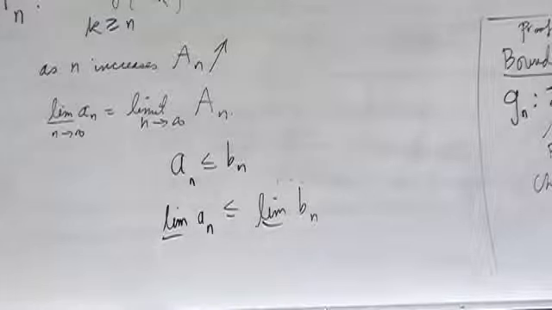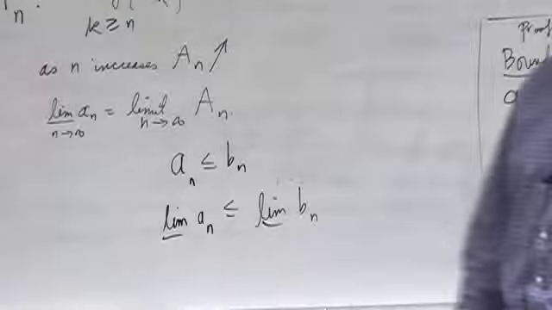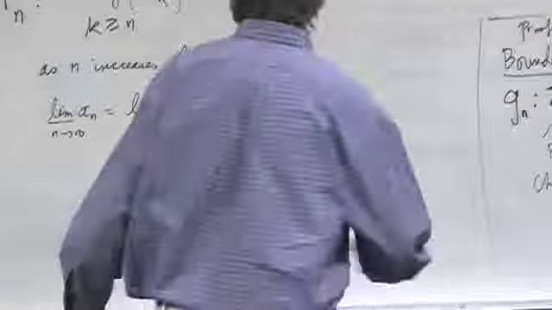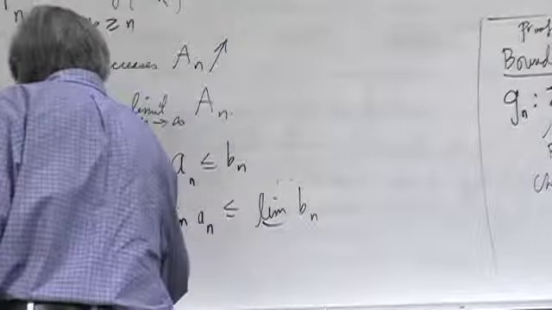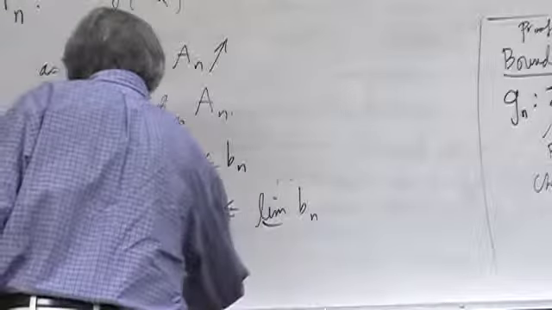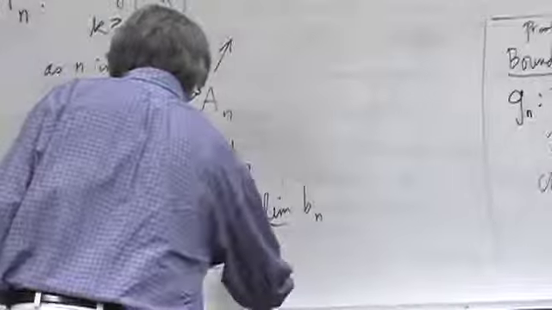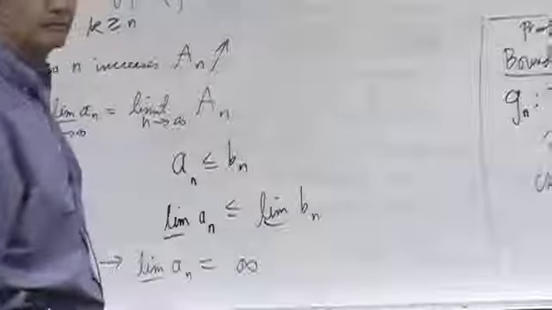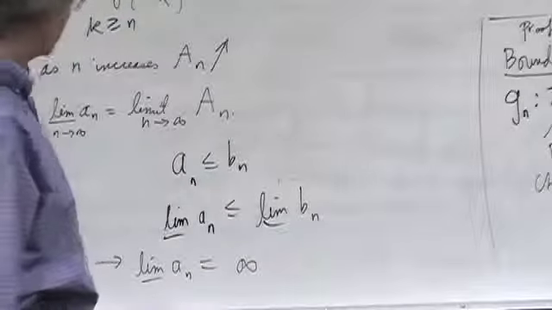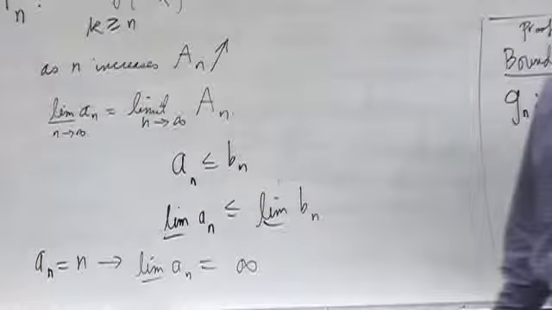If you have a sequence going to plus infinity, you can get plus infinity. So, for example, a_n equals n gives that the limit inferior of a_n is equal to infinity. So you can get plus infinity. We also said you can get minus infinity.